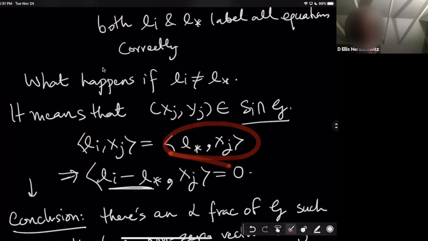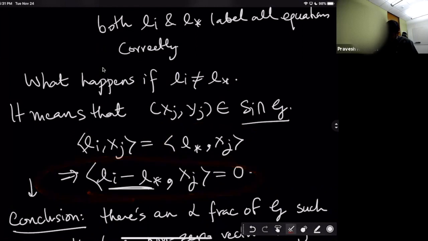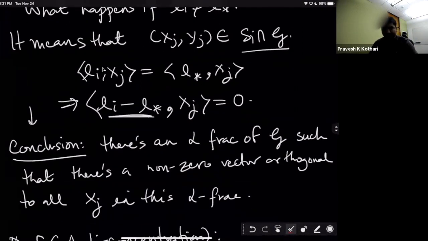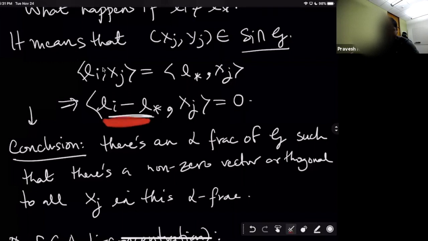Yep. So what that means is that Li minus L star inner product with xj is 0. And now I'm observing the following. For contradiction's sake, imagine that Li minus L star is non-zero. In other words, Li is not equal to L star. Then Li minus L star is a non-zero vector, right?